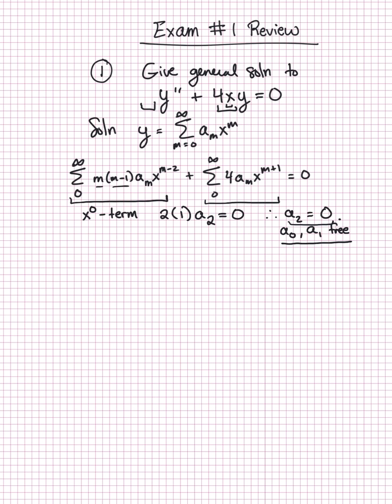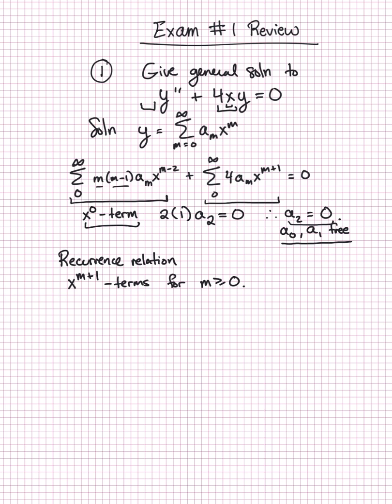To get the recurrence relation, we need to equate the coefficients. Let's look at the x to the m plus 1 terms for m greater than or equal to 0. The only other thing is the x0 term, which we already figured out.